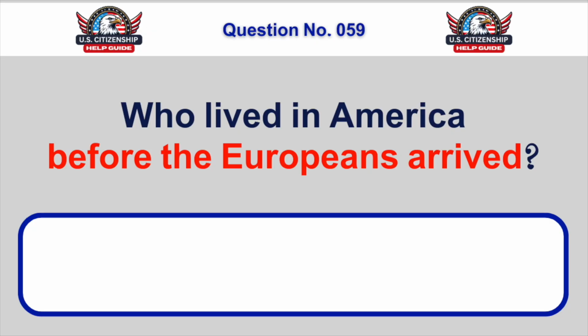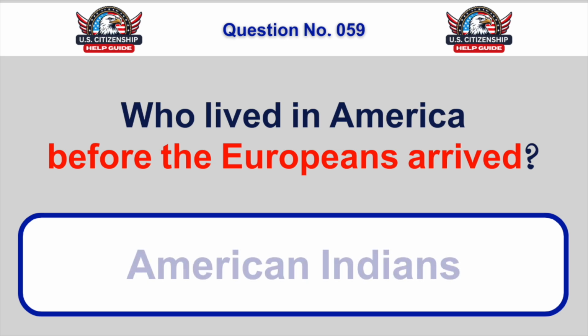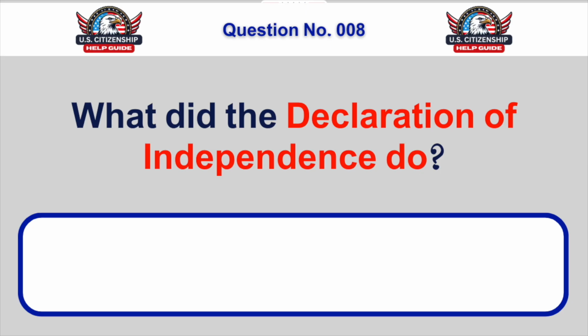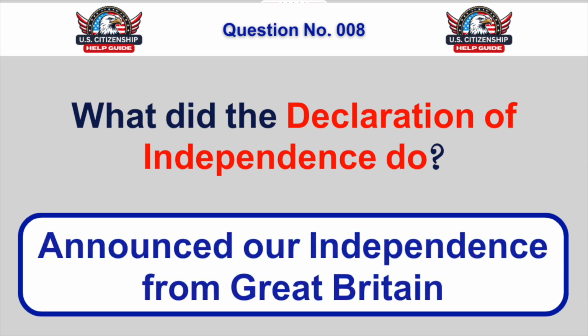Who lived in America before the Europeans arrived? American Indians. What did the Declaration of Independence do? Announced our independence from Great Britain.